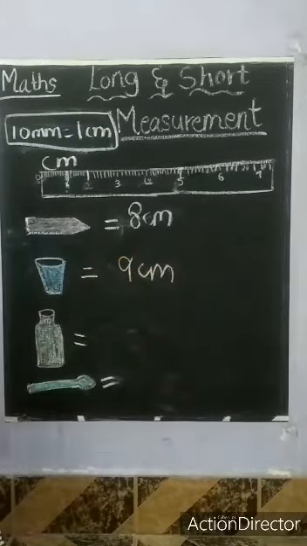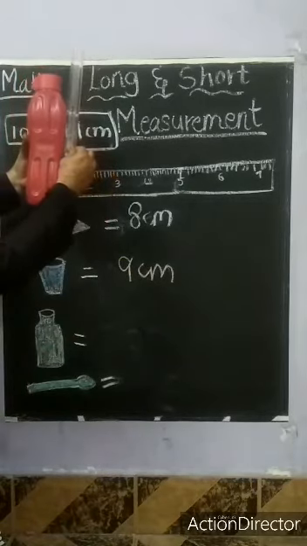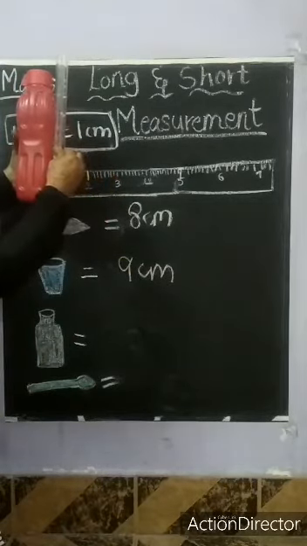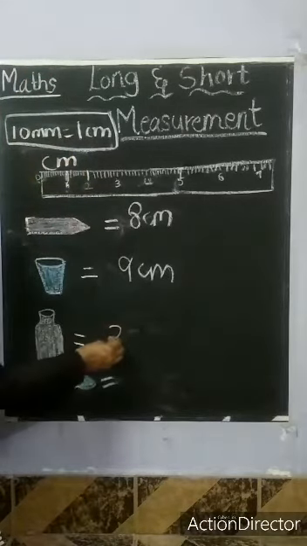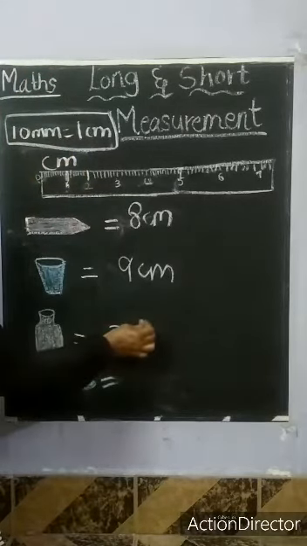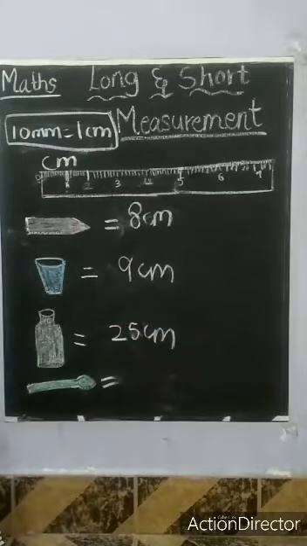Now next, the bottle. Place the bottle. The length is 25 centimeters. Now next is the spoon.